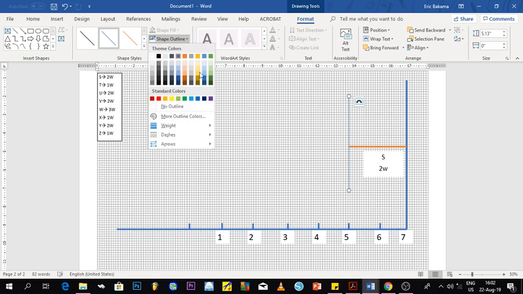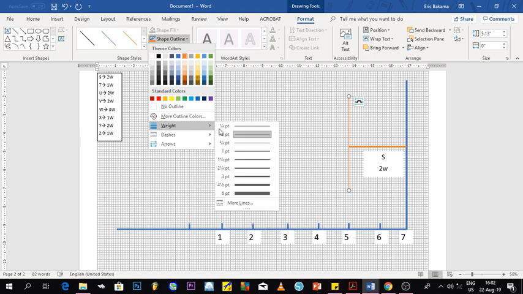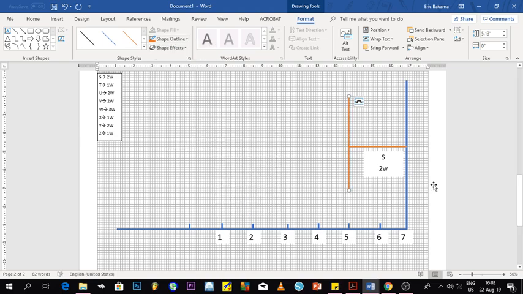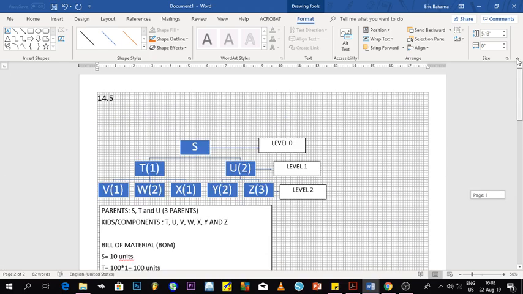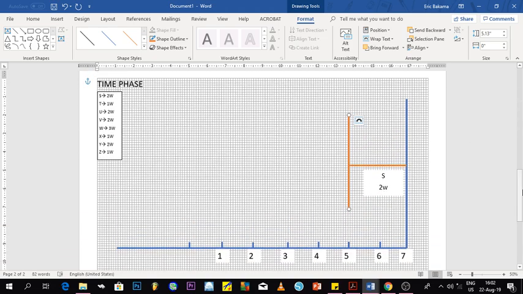I want to give the line this color here, and big enough like this. So it is made of 2 components. The first component is T, and the second one is U. I can put T on top, and then I'll put U below.